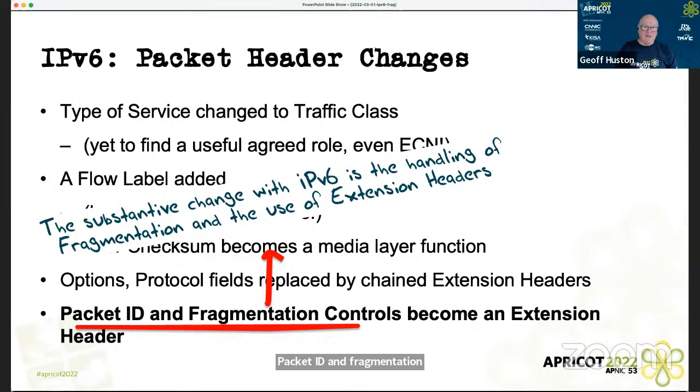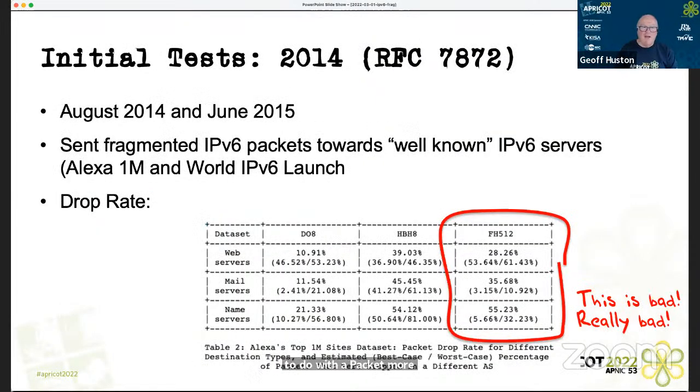You could take a 1500 octet packet coming off Ethernet and slice and dice it and put it into an X25 network that just didn't know what to do with a packet more than 3 bytes or something. Yay, X25. But fragmentation on the fly was a key asset. And so in V6, this was a big change.